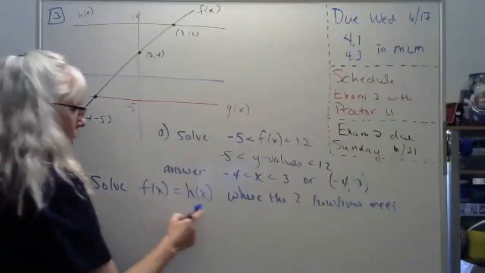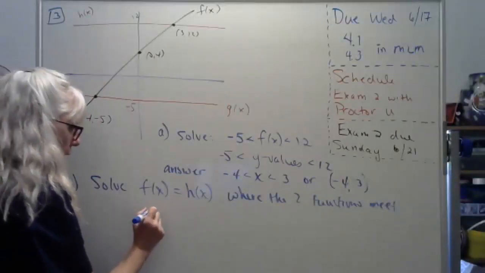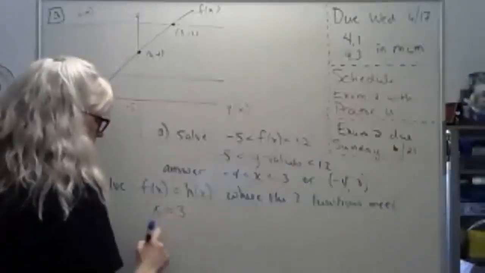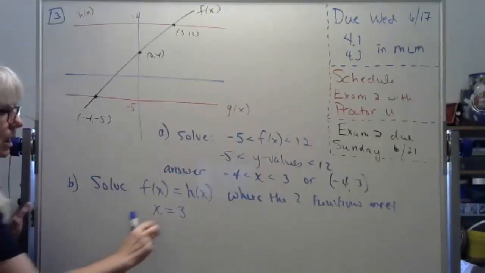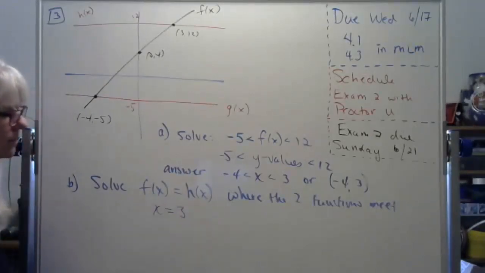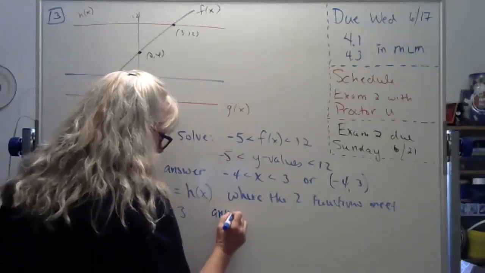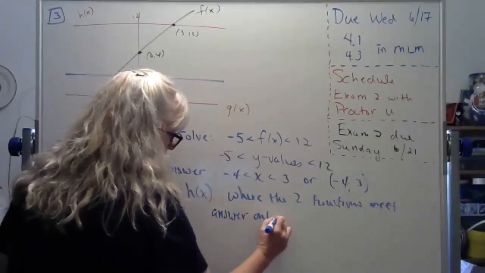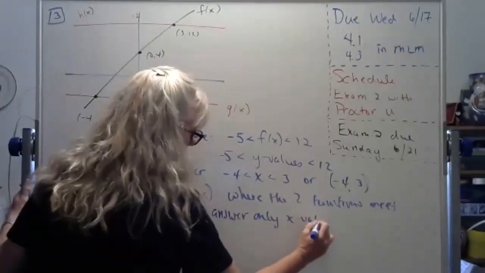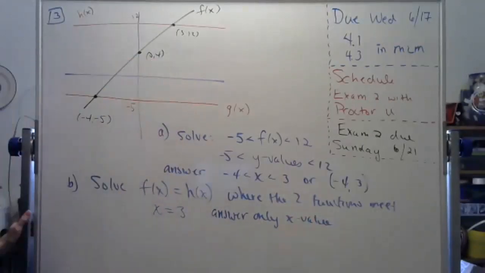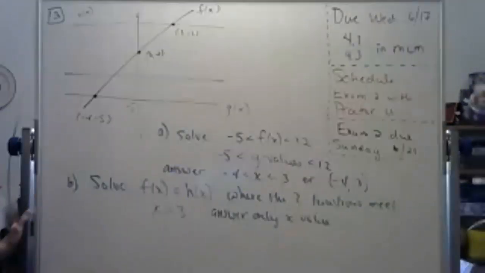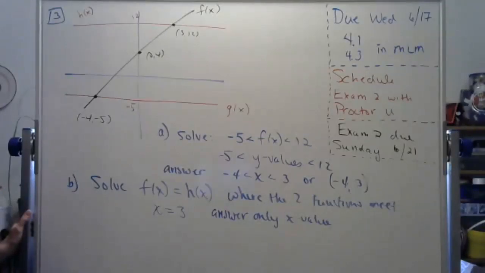So to answer the question is x equals 3. Notice again, I'm just picking on the x values because this is already telling me something about the y values. So when I solve the equation, I'm going to get just x equals 3. So again, the answer is only the x value. Any comments or questions about that? Because you're going to do one really, really similar to it.